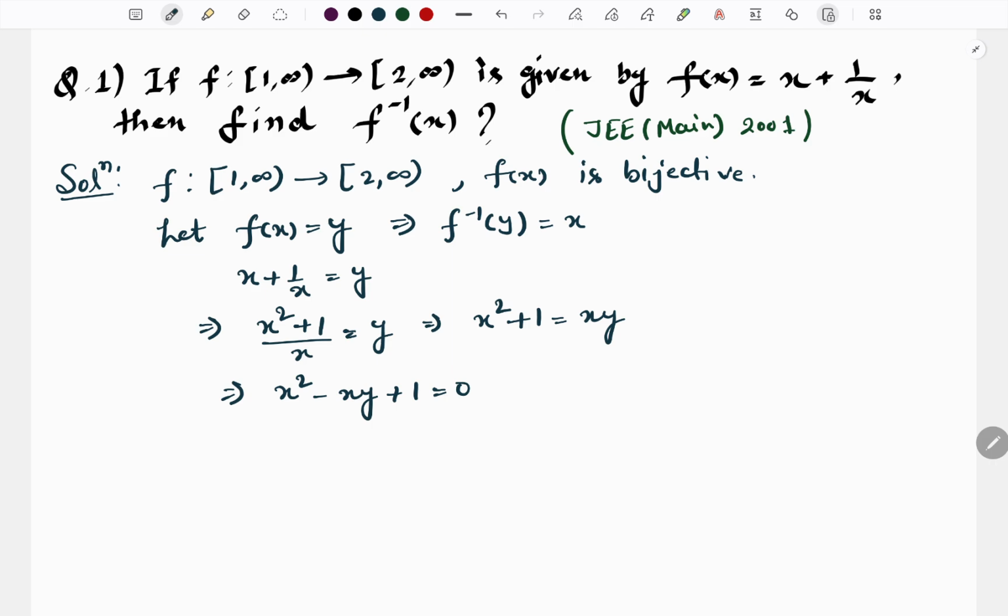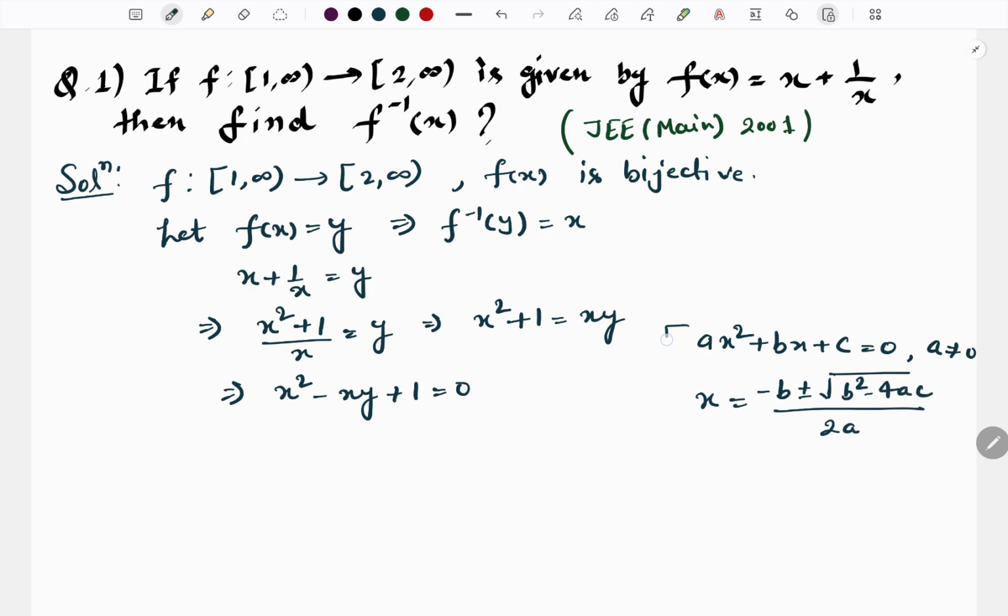Now this equation is quadratic in x, and we know that for a quadratic equation ax² + bx + c = 0, where a is not equal to 0, the root x is given by (-b ± √(b² - 4ac))/2a. So if we compare with this equation, a is the coefficient of x², which is 1, b is the coefficient of x, which is -y, and c is 1.